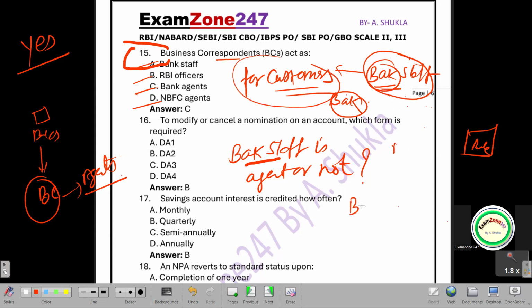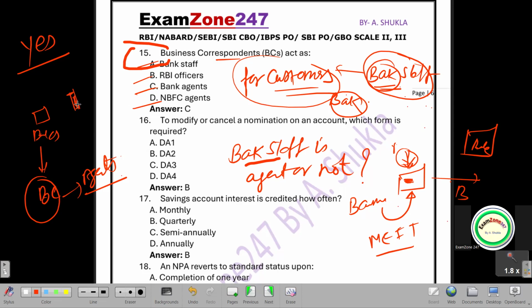Suppose the customer is depositing money, or sending an NEFT form to pay to Mr. B. Let me clear up the agent relationship. In this case, bank staff is acting as an agent. There is no distinction between the bank staff and the bank, because the bank is not a natural person.